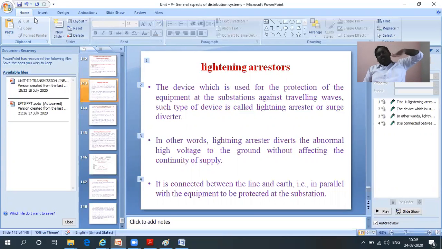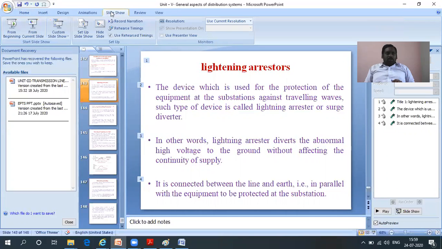Large buildings, hospitals, theaters, large constructions have these lightning arresters, to protect them against the surges. These devices are called lightning arresters, or surge diverters.